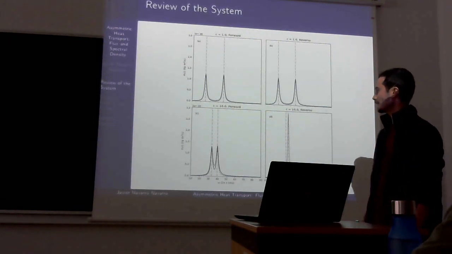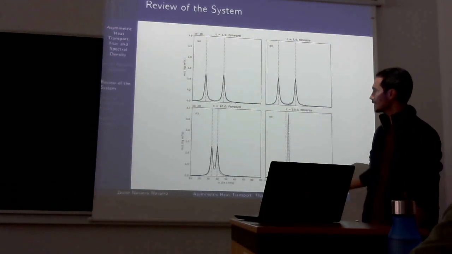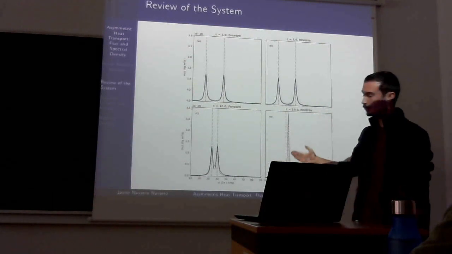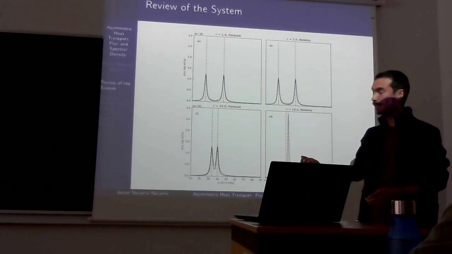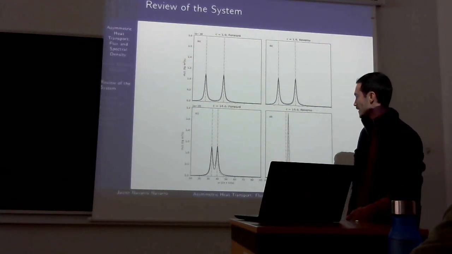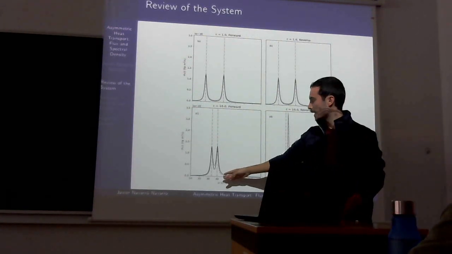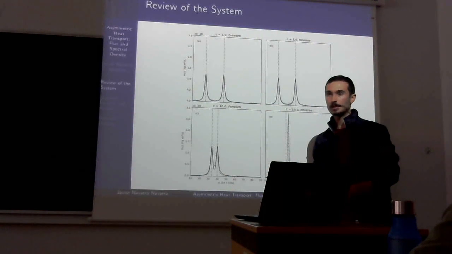So if we now look at this C equal 10 case, we know that in this case we have a rectification of 0.8, and in these figures we can see that in one case we have some overlapping of the spectral density.